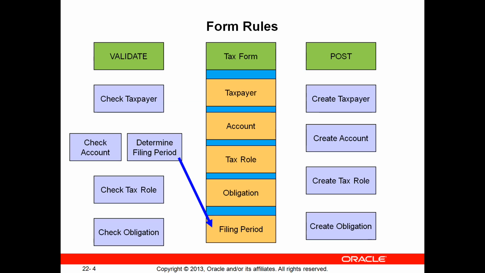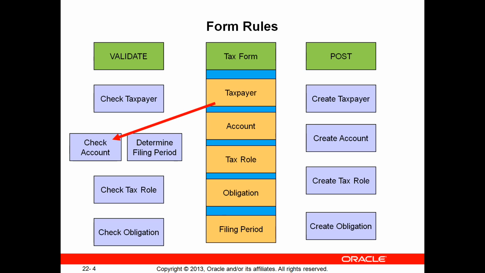And then the determined filing period also simply based upon what type of form rule you've created, generally whether we're retrieving this information either from the tax type or from the form type. In our situation, from the form type, if it can find the form type, the tax filing period, it will retrieve it and place the ID onto the tax form directly.